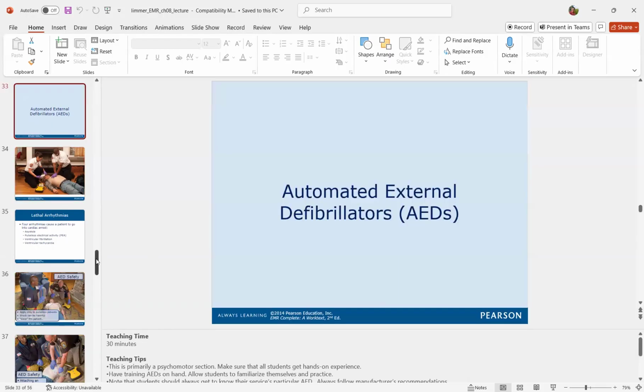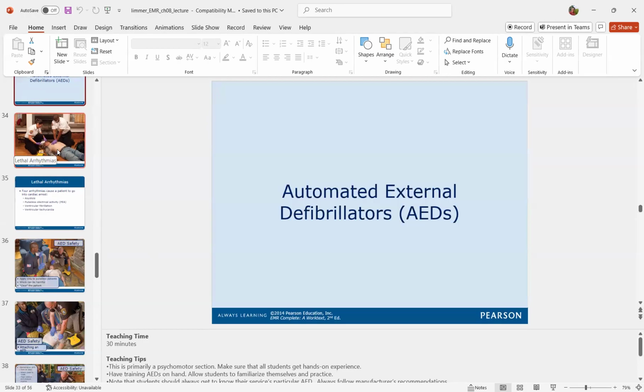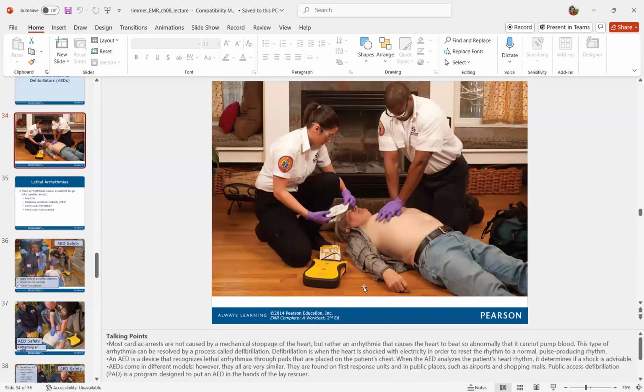AEDs, automated external defibrillators. These come in a variety of different manufacturers. Most cardiac arrests are not caused by a mechanical stoppage of the heart, but rather an arrhythmia that causes the heart to beat so abnormally that it can't pump blood.